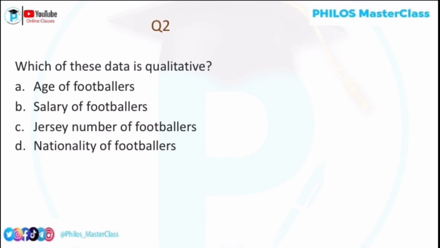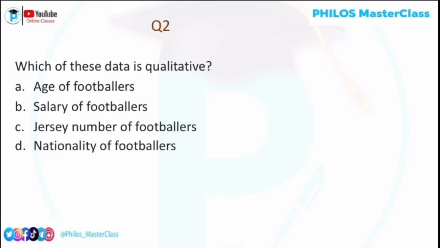Which of these data is qualitative? Remember, we have qualitative data and quantitative. The quantitative are the ones in numerals, they are in numbers. But the qualitative are in quality, not in numerals. Let's look at option D, which is nationality of footballers.